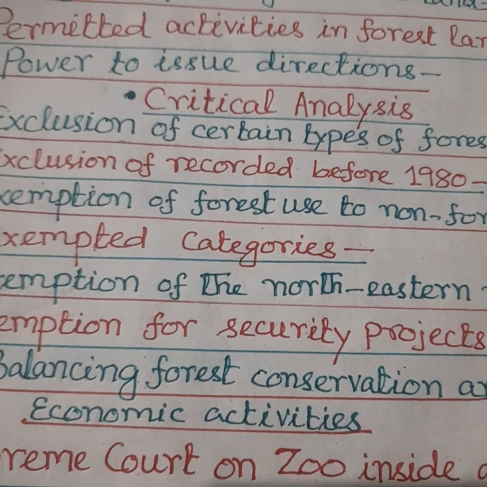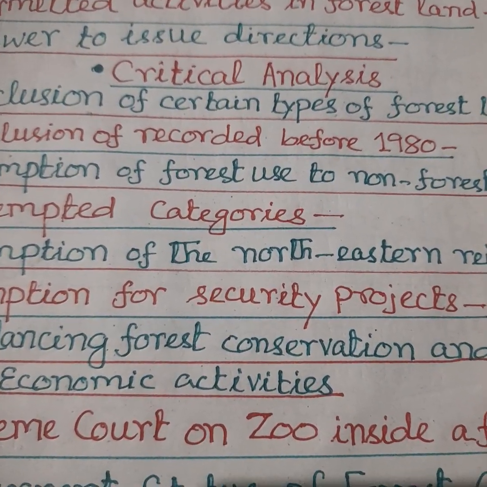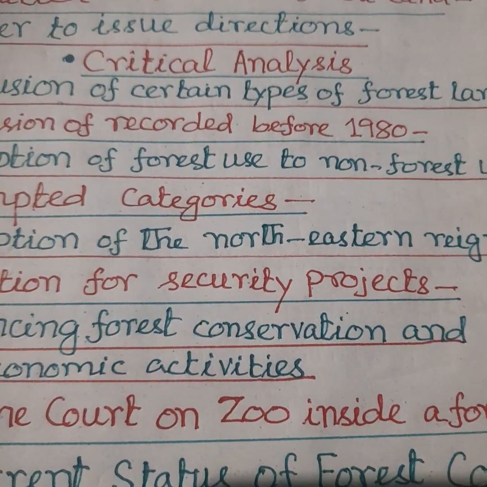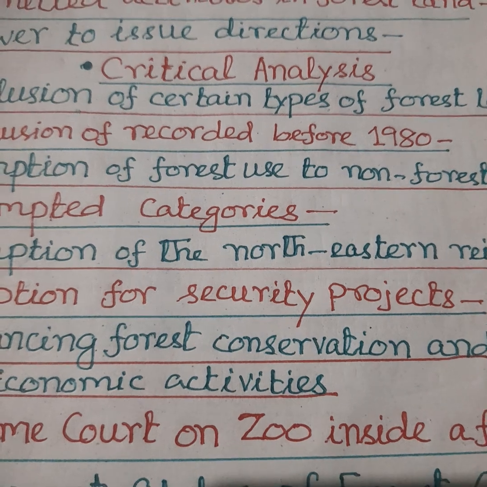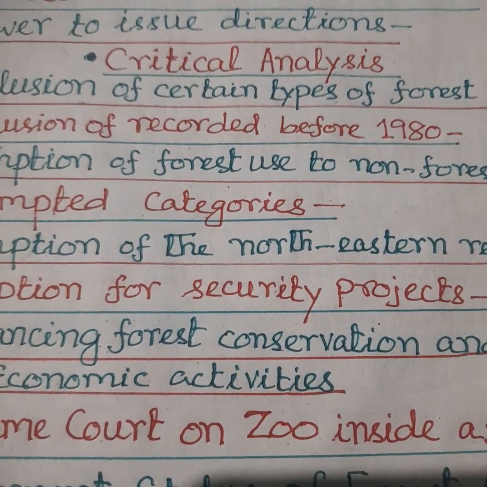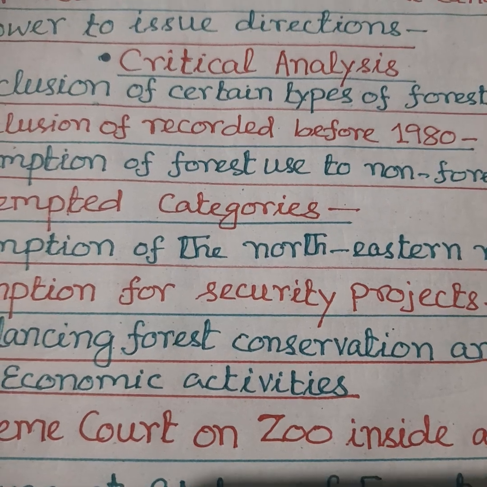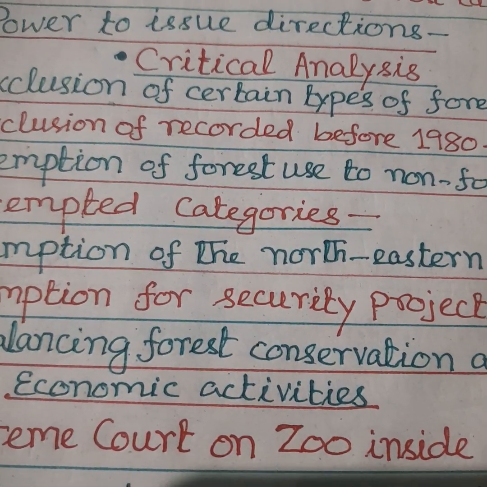So, finally, we found that the new act, the Forest Conservation Amendment Act 2023, removes the mandatory central government approval for diversion of forest in certain cases.